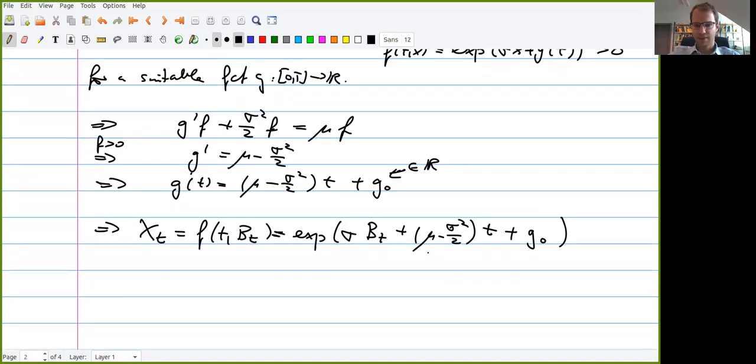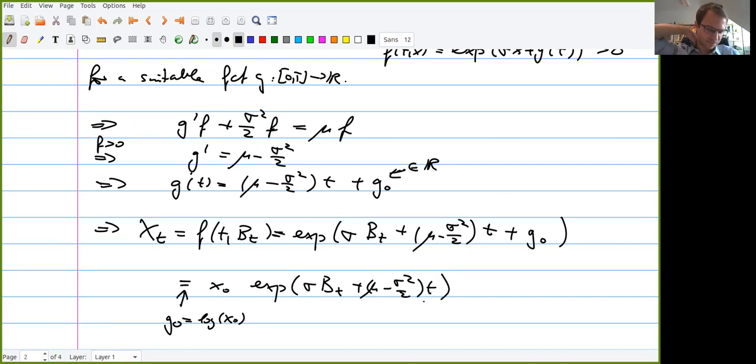And now I need this g to match my initial condition. So if I set t equal to 0, this gets 0. So what I need is x0 to be the exponential of g0, so that I have here x0 times the exponential of sigma times B_t dt.